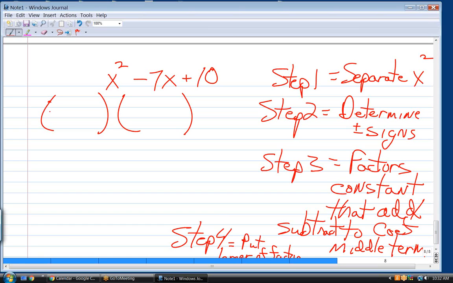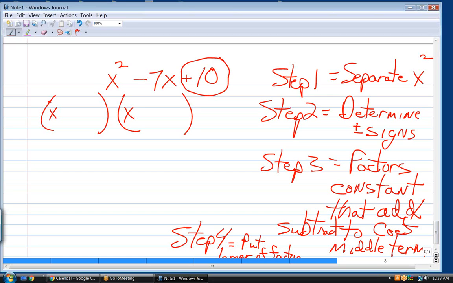Okay, so it's step 1. Separate the x's. X and x. Step 2. The sign, which is going to be both signs. What are they going to be? Positive. Well, if they were both positive, it would definitely produce that.